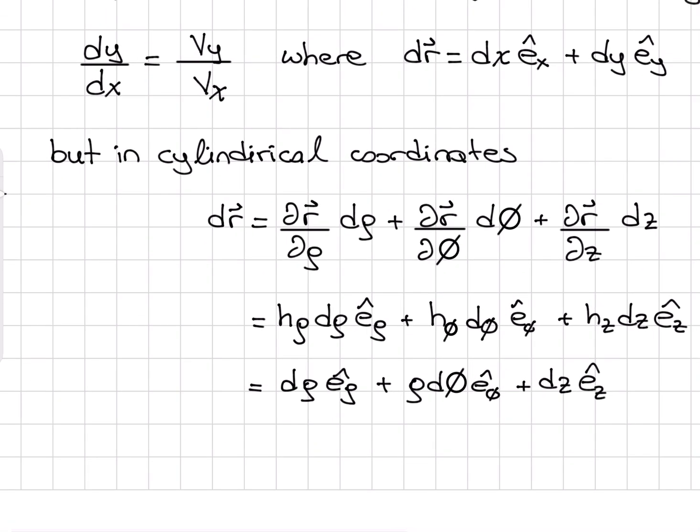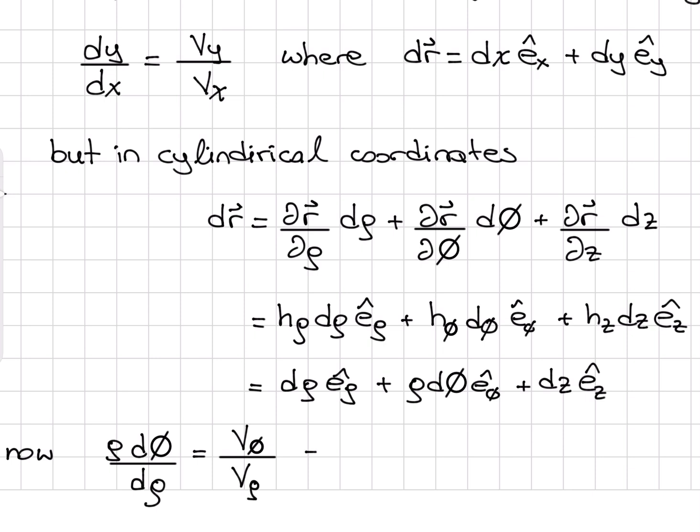So now if we look at the ratio of the azimuthal component rho d phi to the radial component d rho, this must be equal to the azimuthal component of v divided by the radial component of v.